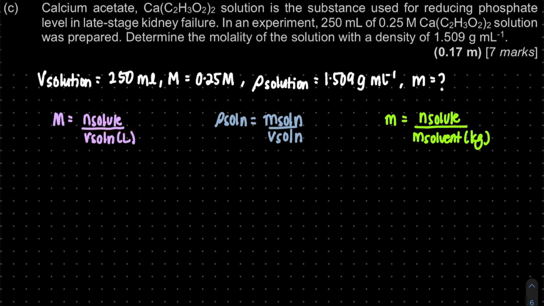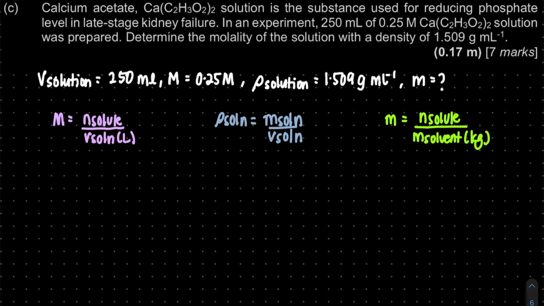This one is mass of solvent in kilogram, this one is volume of solution in liter. So next, we know that the molarity is this value and the density of solution is this value. From this question, it gives us the volume of solution.